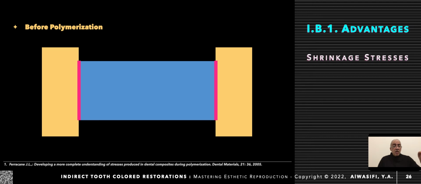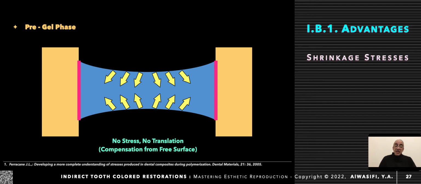This is the situation before polymerization, once you apply your increment. After you apply your light and start polymerization, in the initial phase the material is still in the gel phase, not fully polymerized, and could still undergo deformation and compensation of this deformation. This is the pre-gel phase.